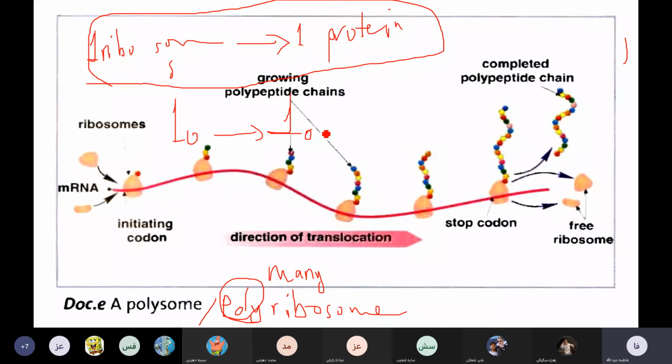Yes. It should be identical because I have the same codons, and the codons I get from the genetic code table are fixed, they don't change. Each codon has a specific amino acid, so it will give me identical proteins. We are talking about the same messenger RNA.